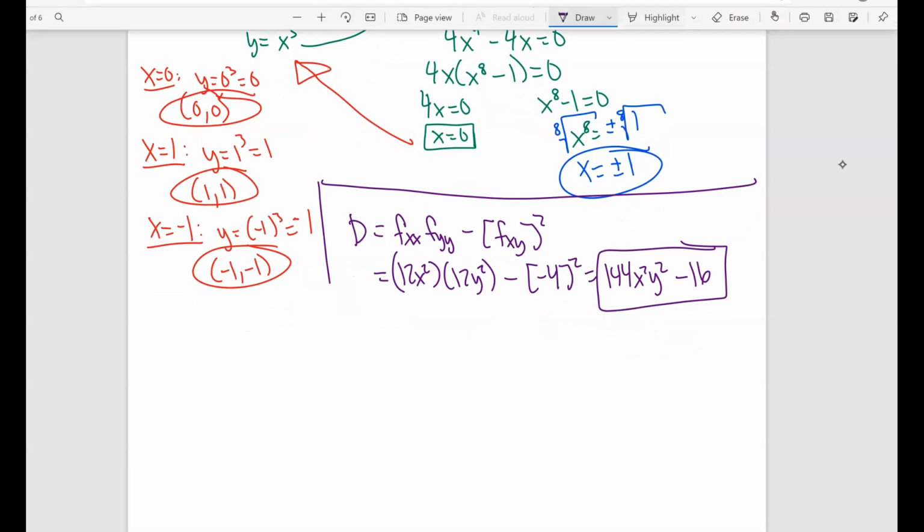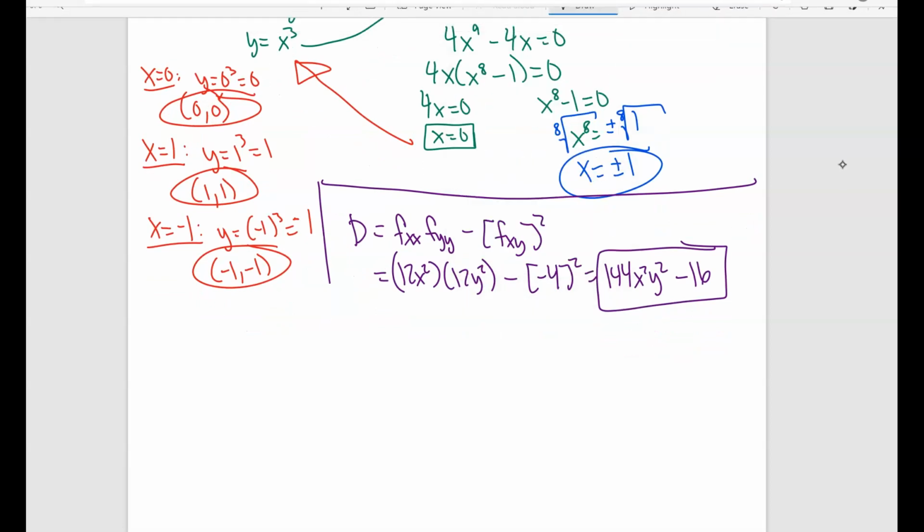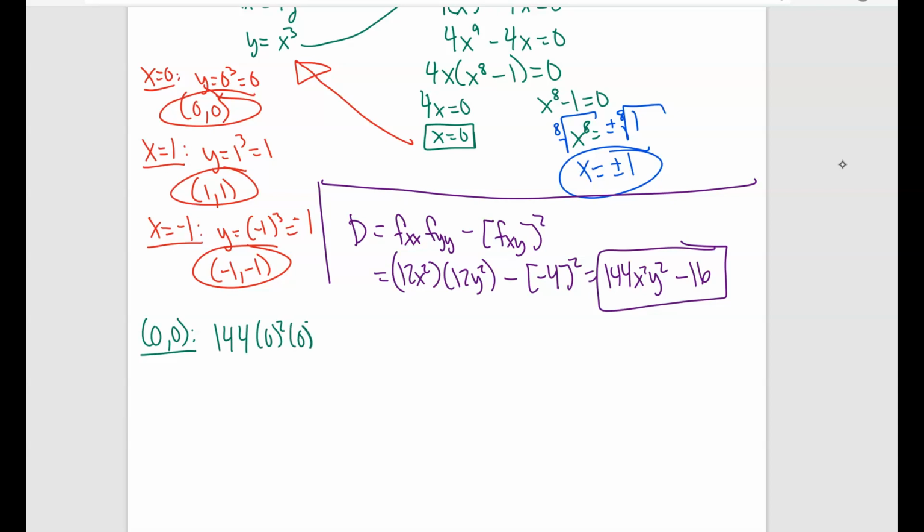So again, 0, 0 seems pretty easy. Plug them in there, so I'm going to have 144 times 0 squared minus 16. This gives me negative 16. It's less than 0, so this is a saddle.